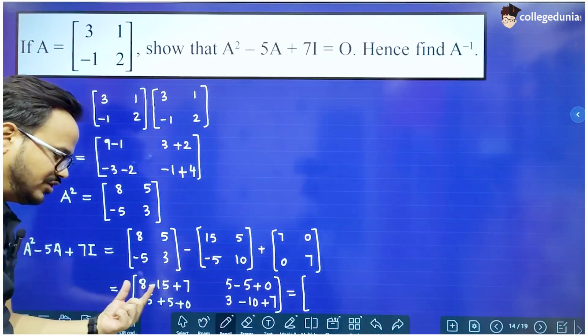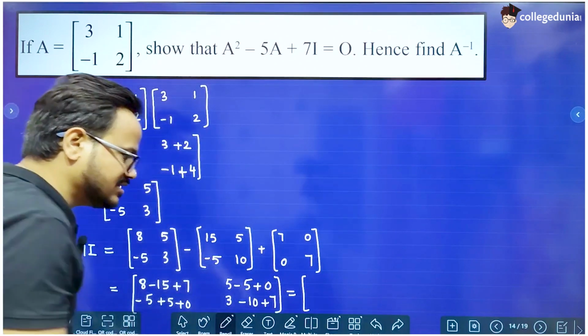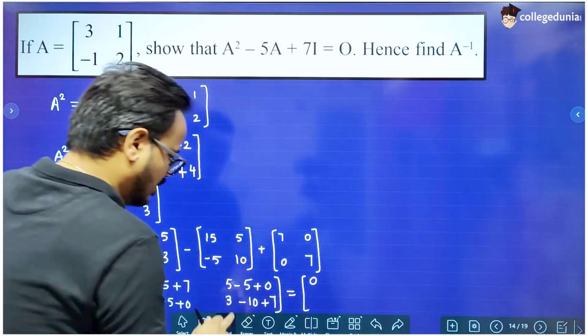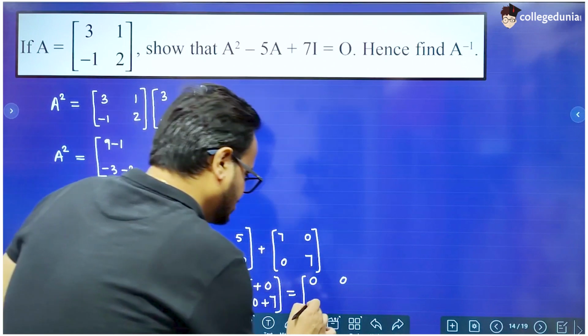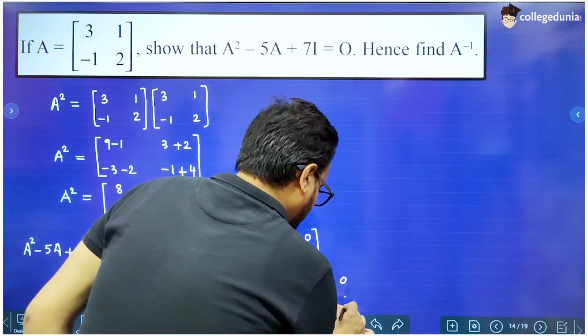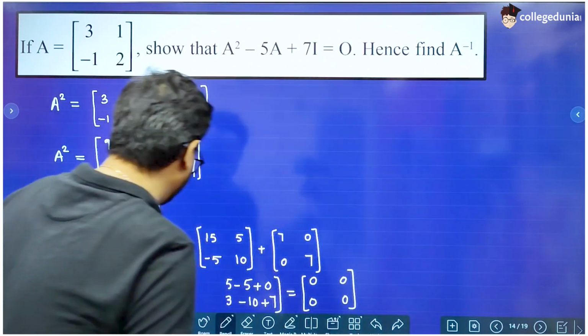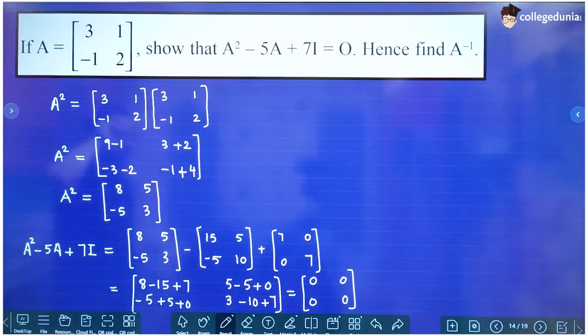So 8 minus 15 is minus 7. Minus 7 plus 7 is 0. This is also 0. This is also 0. And this one is also 0. So we have proved that this is a null matrix.